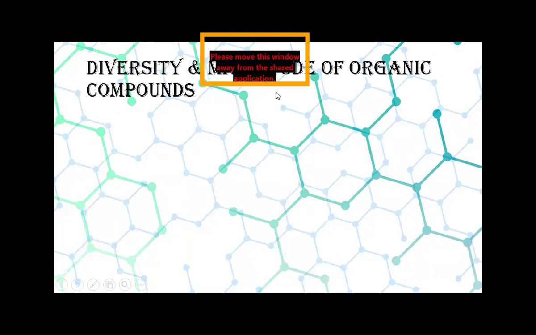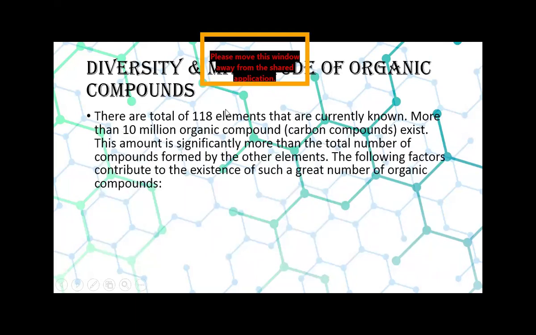So the topic that we are going to study in this class is diversity and magnitude of organic compounds. There are a total of 118 elements that are currently known, but more than 10 million organic compounds, carbon compounds, exist.